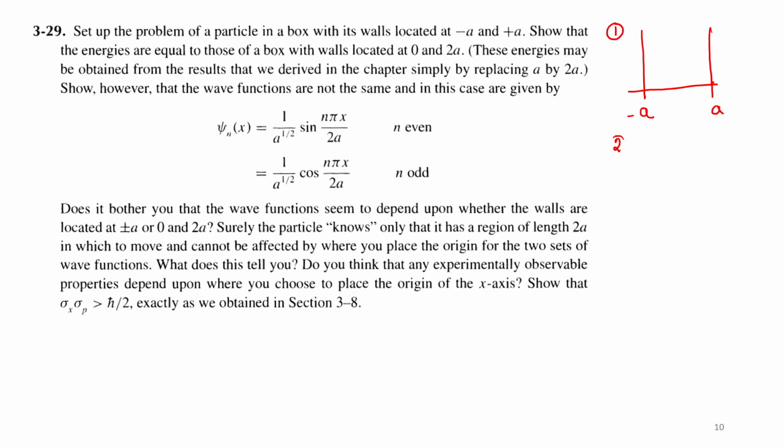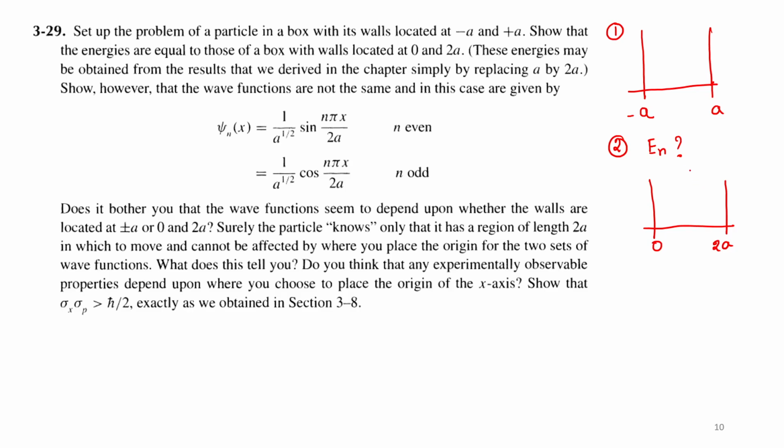The second question they are asking is about the energy expression of this kind of particle in a box problem when the walls are at minus a to a. What is going to be the energy expression? Is it going to be similar to when the walls are at 0 and 2a?